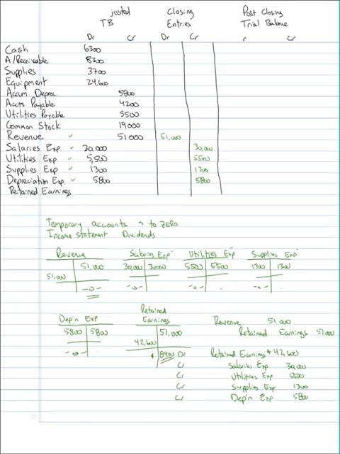And we are going to post both the $51,000 credit to retained earnings and the $42,600 debit to retained earnings. None of our other balance sheet accounts are affected by the closing entries.